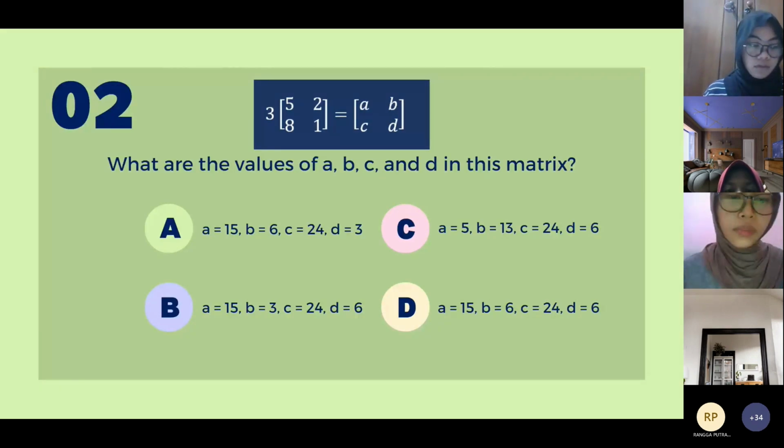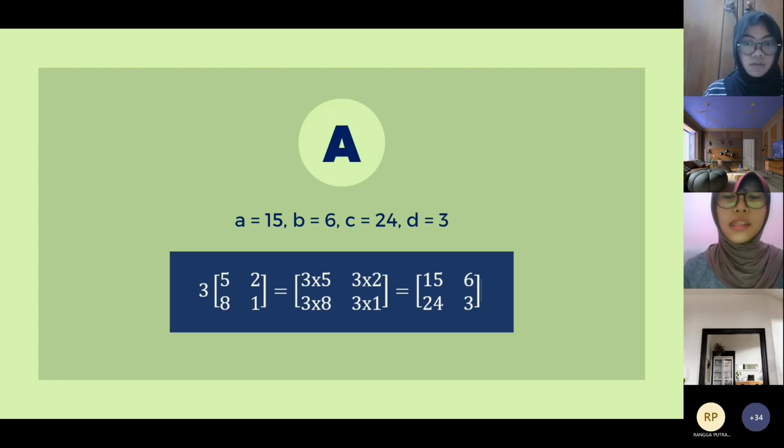D. Yeah. Let's see the answer to the question. The answer is A, where A equals 15, B equals 6, C equals 24, and D equals 3. We can solve this question like this.